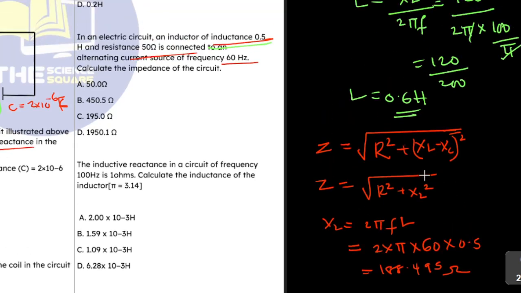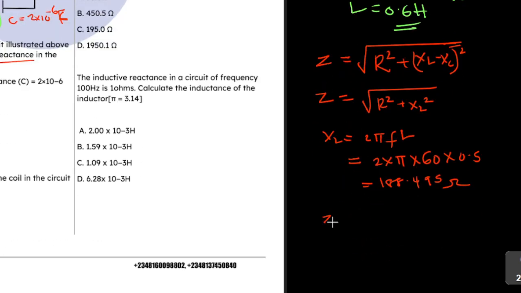So for us to get our Z, Z is going to be the square root of R, which is 50, so 50 squared plus 188.495 squared. So we square this value, then we add 50 squared, then we take the square root of that answer.